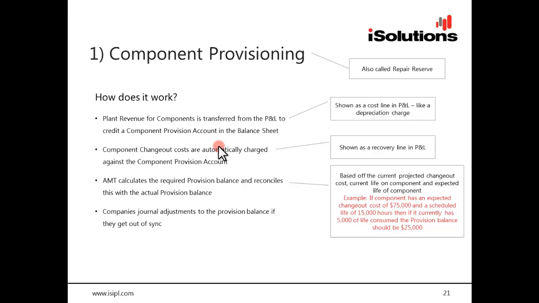But that's really a call for each company to make as to how much granularity, how much detail you want. In essence, you can just have one account in your balance sheet called provision account, and it's got a number, and AMT will give you the breakdown of that number by machine, by component. So it's got the full audit trail. It's just to what level are you also trying to make incremental adjustments within the accounting system.